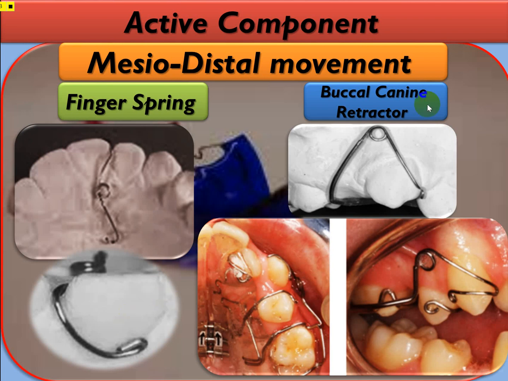Now, what about the buccal canine retractor? We have two types of buccal canine retractor. Both of them, whether simple or modified, are located buccally. The gauge of wire is 0.7 mm hard stainless steel wire.